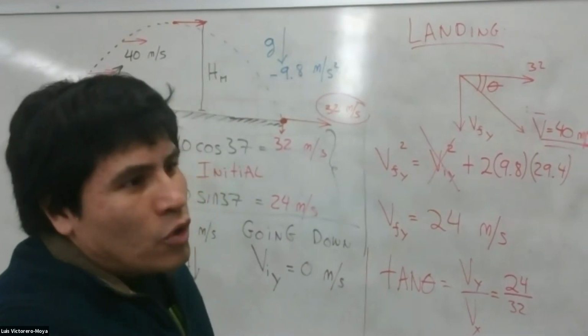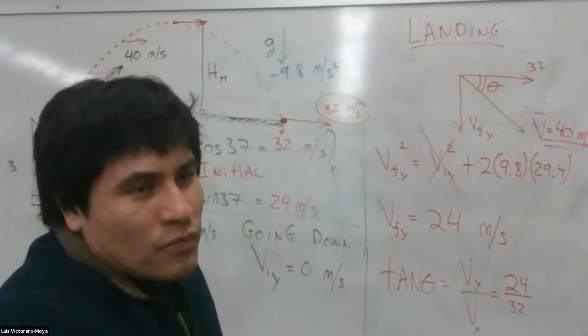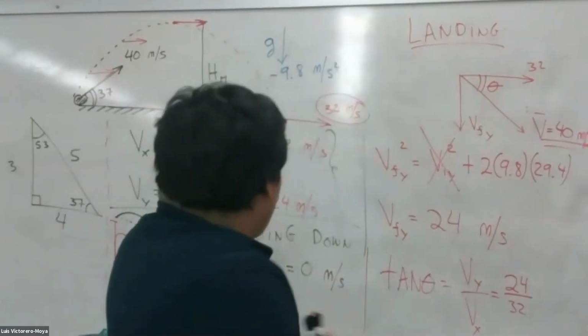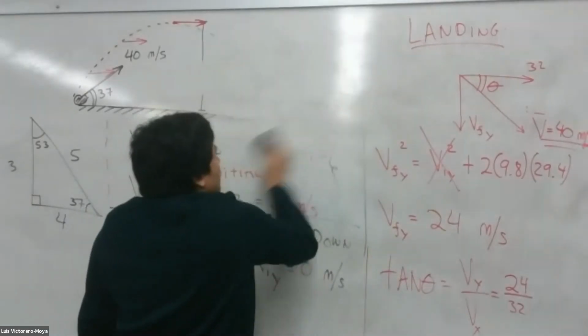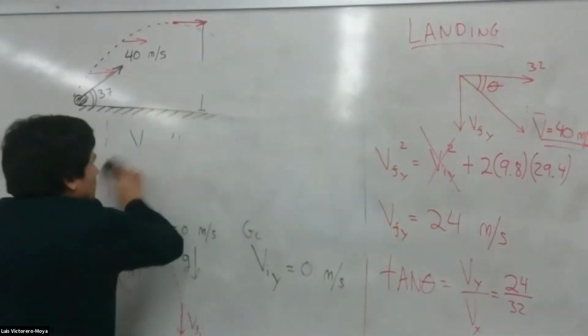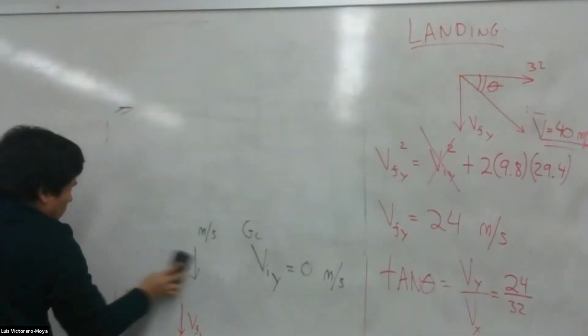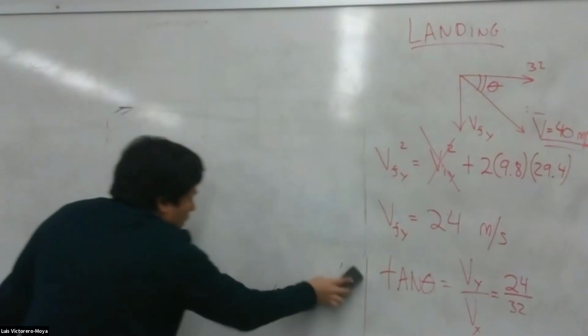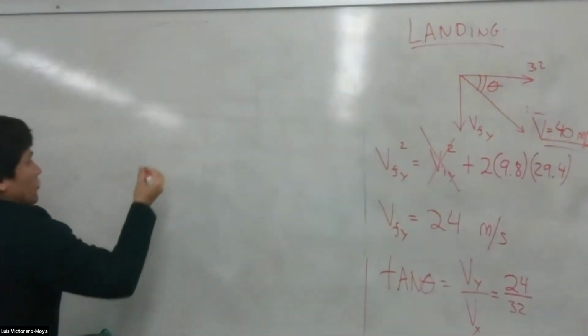Next video we'll do free fall projectile motion. Just to give you a small glimpse of that, it's a simplistic version of this. The free fall projectile motion is as follows. Imagine you are on a roof.